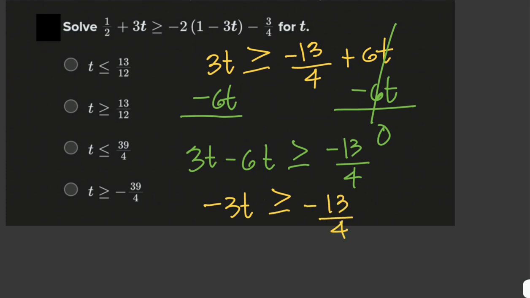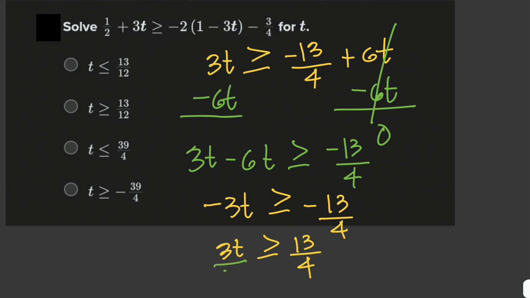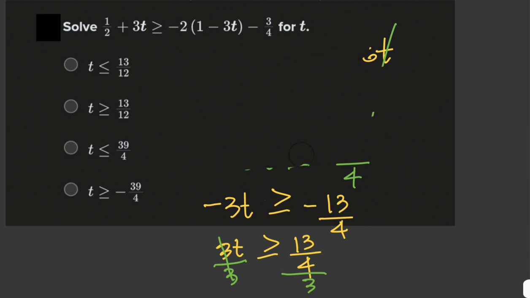Since both sides have a negative sign, then we just have to divide both sides by negative 1. Then we have 3t greater than or equal to 13 over 4. That would make both sides positive. Then the next step we do is we divide both sides by 3 so we can get the value of t.